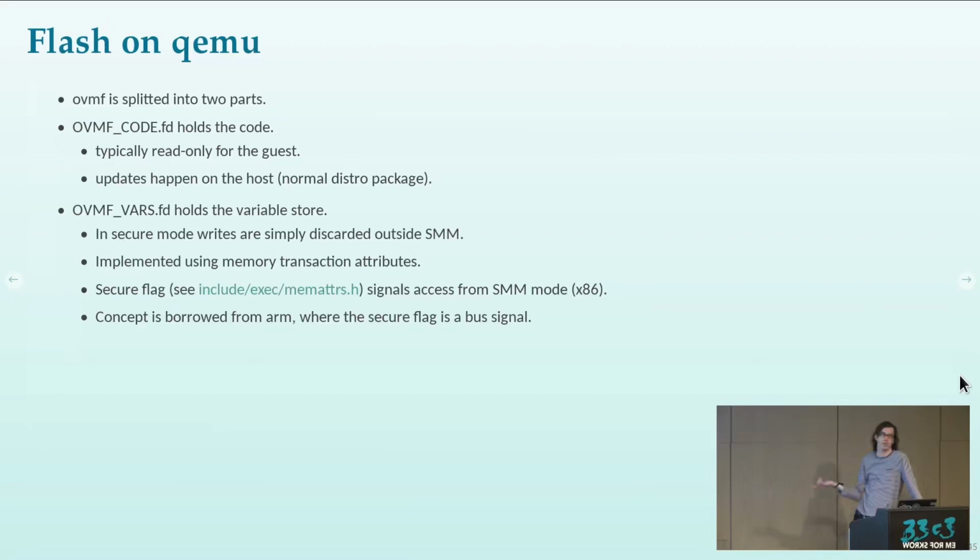So the flash chip can see whenever the access comes from kernel space or user space, and can control access that way. On x86, this doesn't exist as a bus signal, but on QEMU, it's software, so we can just borrow this concept and use it on our virtual machines.